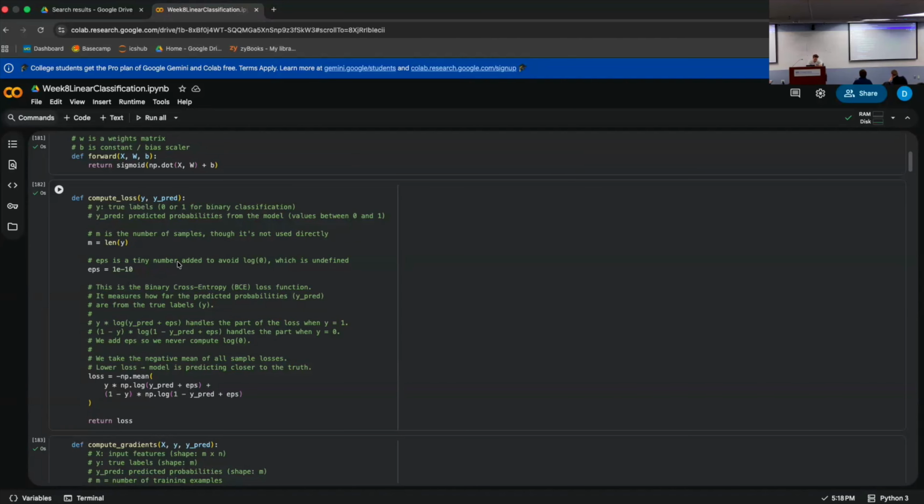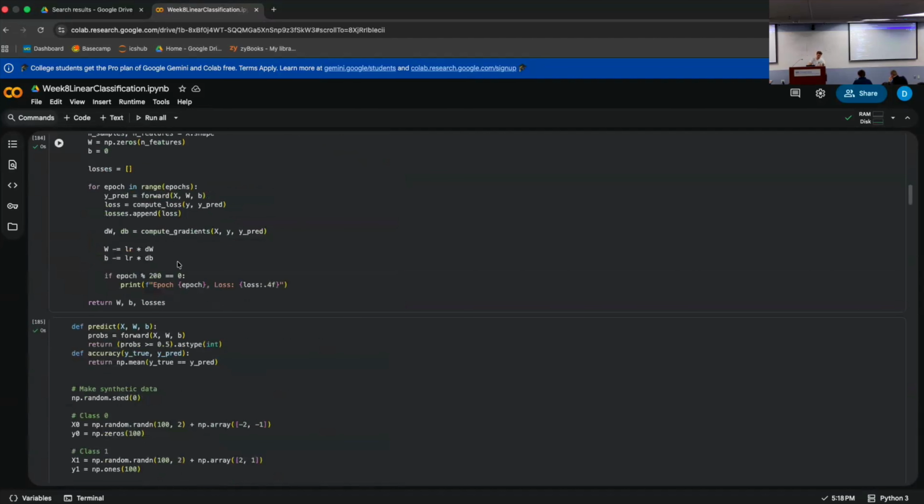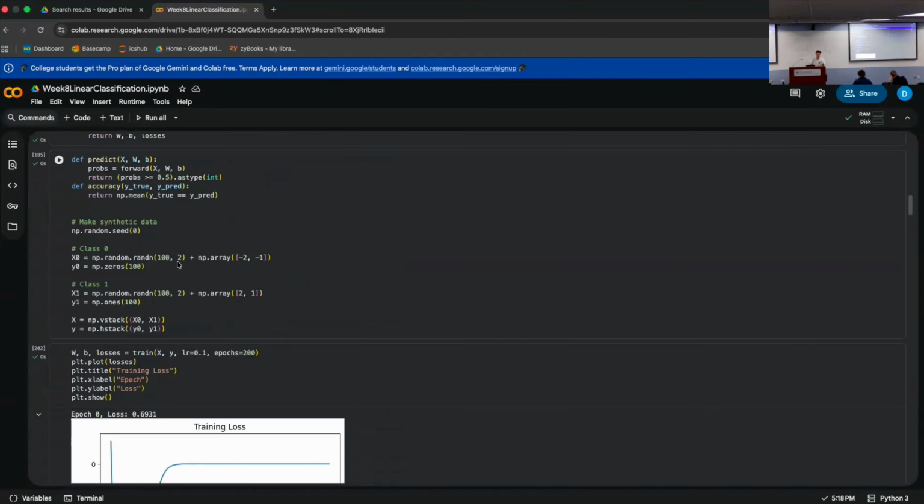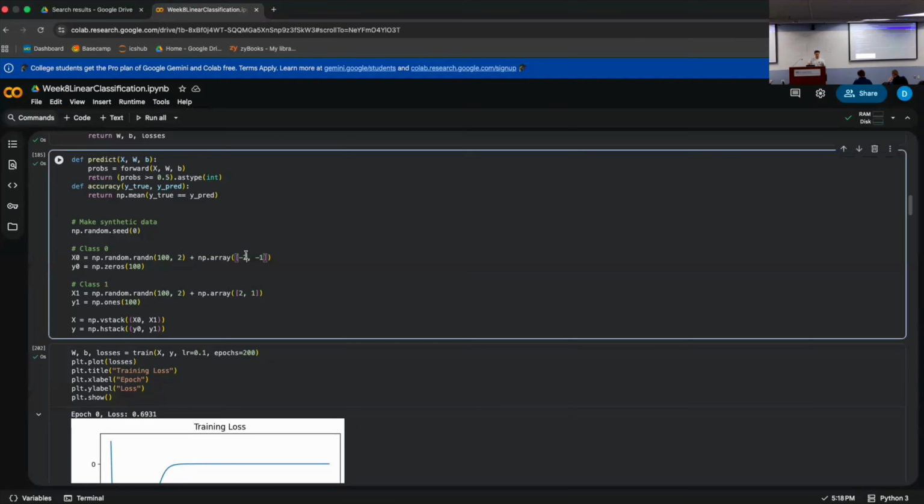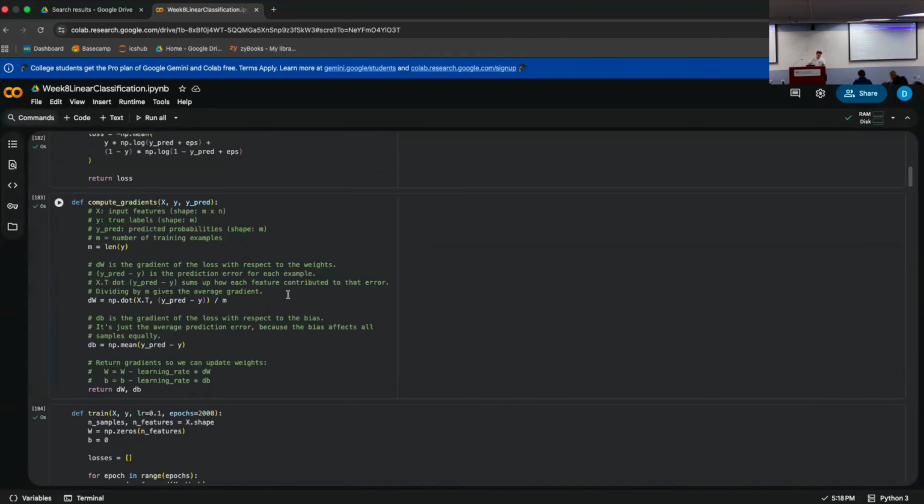Yeah, okay. So you have your data, and your data is classified into it is or it isn't this thing, right? For this example that I did, class 0 comes from the random array of 100 values from 0 to 2 with this shift. And then the other one comes from 100 values with this shift. So those are my 0s and 1s.